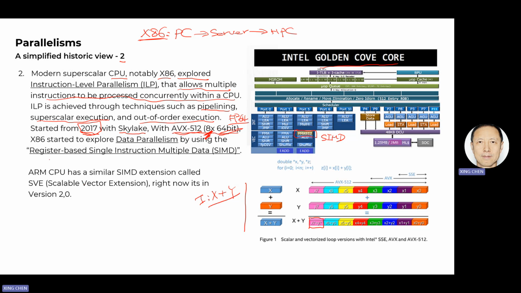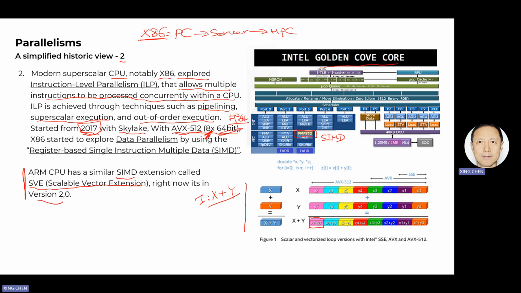Okay, this is x86. Right now, if you look at the ARM processor, it's getting popular. ARM has a similar SIMD extension called SVE, Scalable Vector Extension. Basically, it's the same thing as AVX 512. Now it is in its version 2.